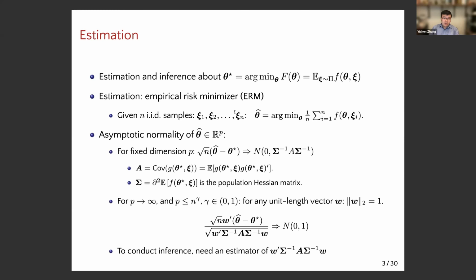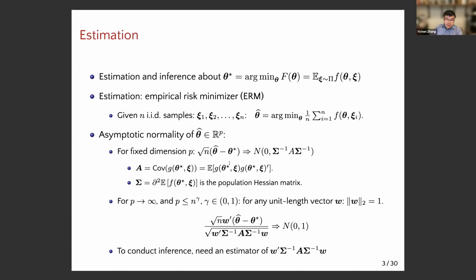For fixed dimension p, theta hat has a normal distribution whose variance is in a sandwich form, with A being the covariance matrix of the subgradient, and sigma being the population Hessian matrix.